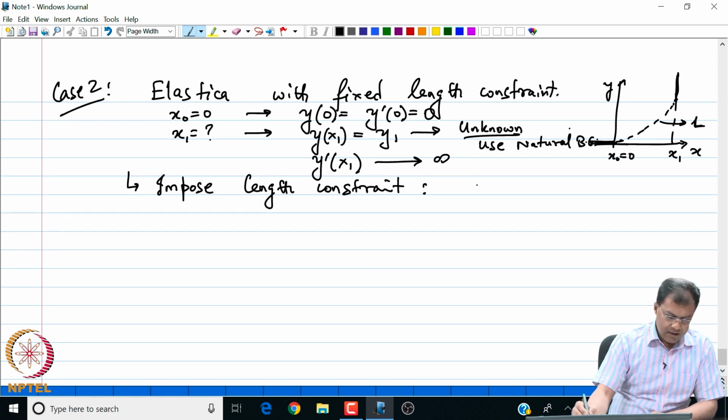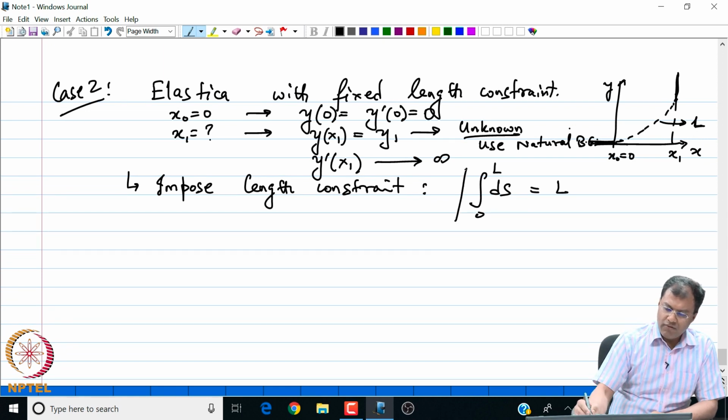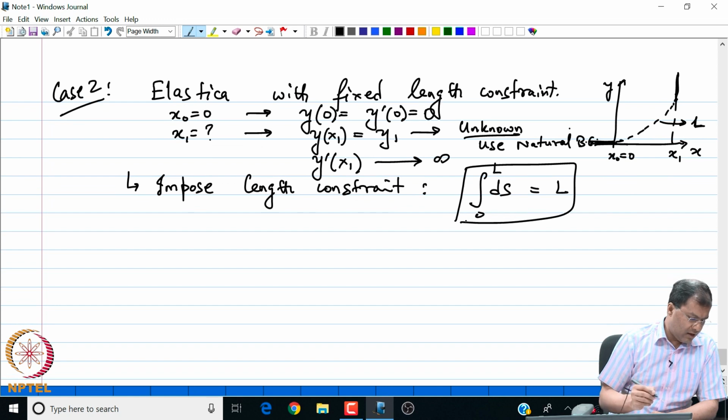which means that my integral of ds from 0 to L is equal to L. So we fix our length and impose the length constraint. Which means that the function whose functional has to be optimized is the following.